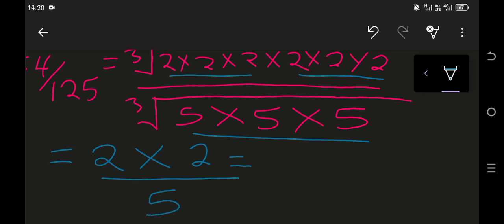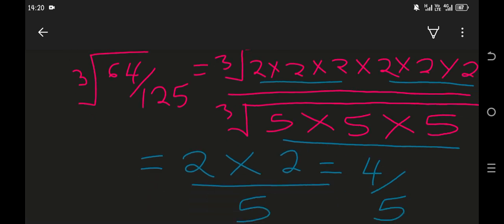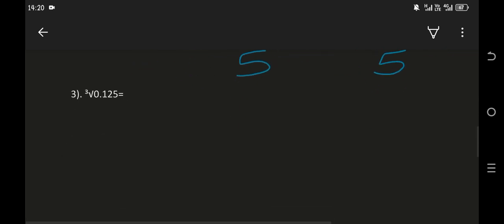Therefore, the answer here will be 4 over 5. And that will be the cube root of 64 over 125. Let us look at the next example.